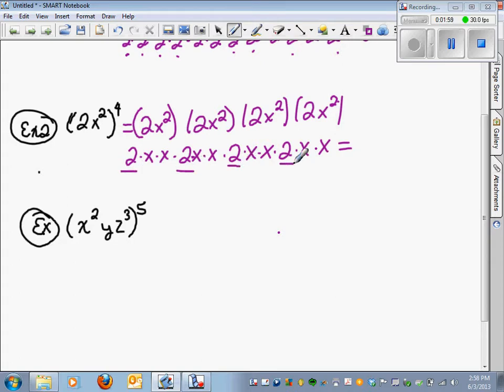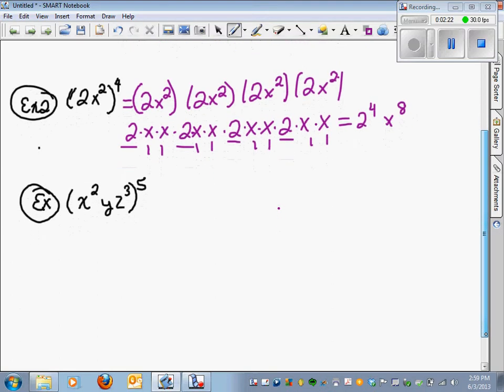So that can be written as 2 to the 4th power. And then we're multiplying x 1, 2, 3, 4, 5, 6, 7, 8 times. That can be written as x to the 8th. So the simplified form would be 2 to the 4th times x to the 8th.